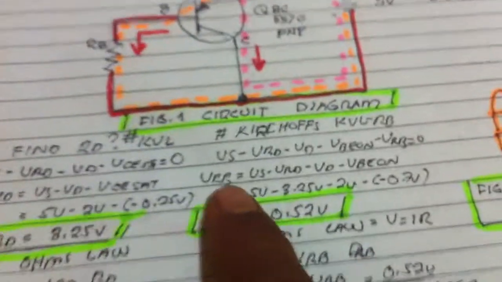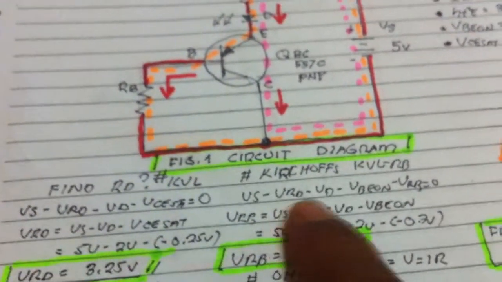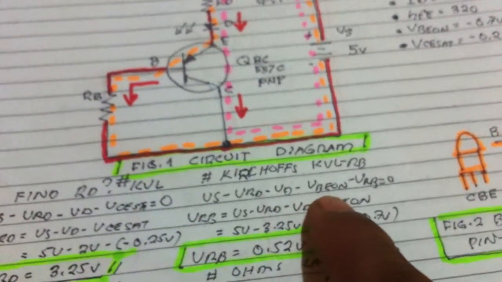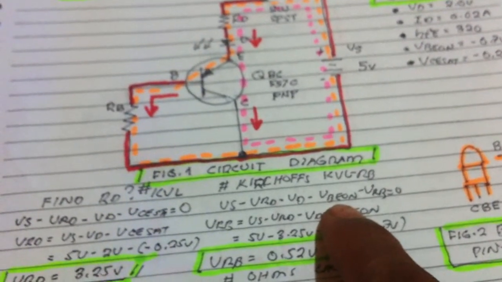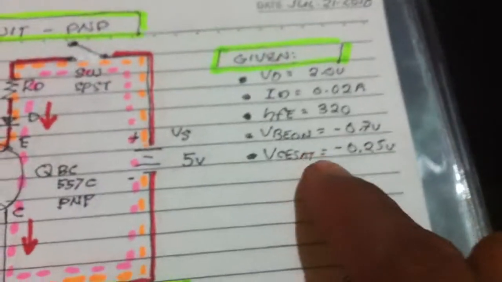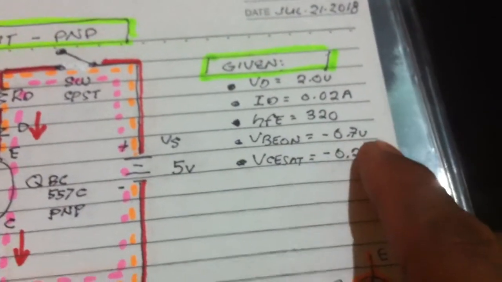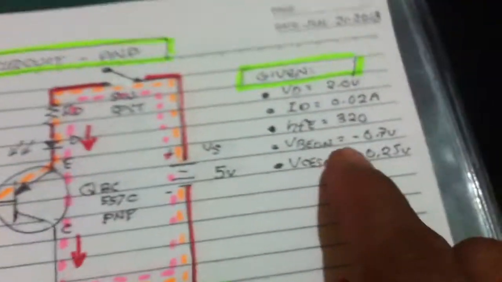Now we have this equation. Voltage supply minus voltage drop, resistor, LED, voltage at the base to emitter on. That is the on voltage of the transistor. That is given in the data sheet, that is negative 0.7 volts. Because we are using PNP, that's why it is negative.